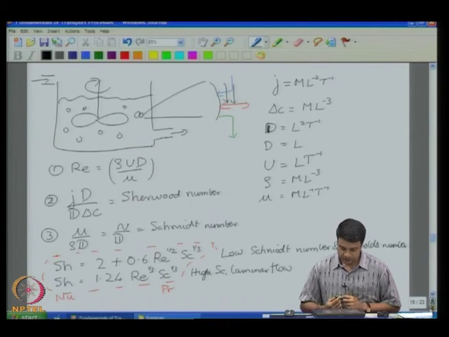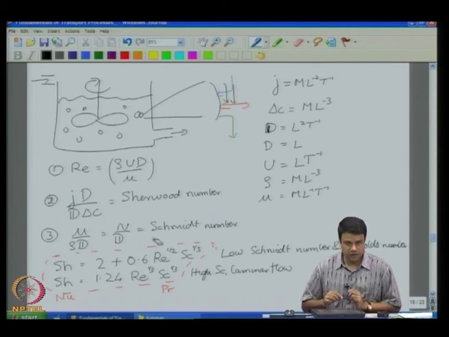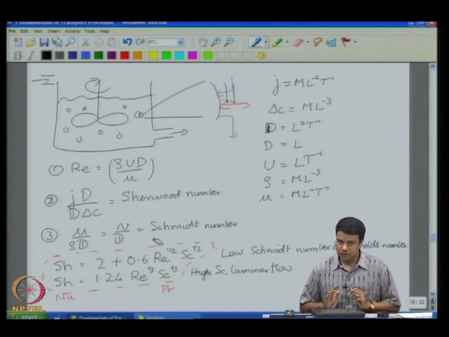On that basis, we got a relationship between the dimensionless mass flux, which is the Sherwood number, and two other parameters, the Schmidt number and the Reynolds number. And I said these correlations are available in literature. If one were to solve the same problem for the heat transfer, one would get the exact same correlations, except that one would use the Nusselt number instead of the Sherwood number as the dimensionless flux, and the Prandtl number instead of the Schmidt number.